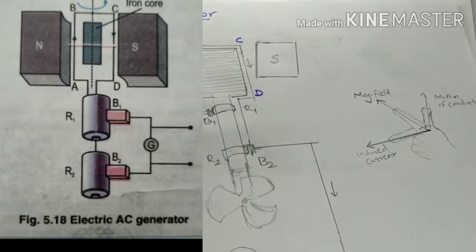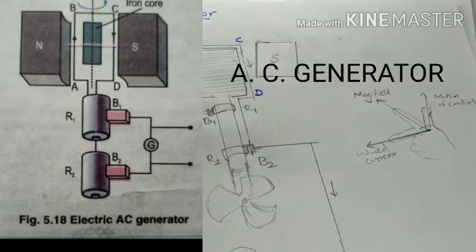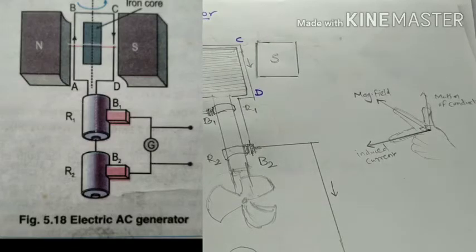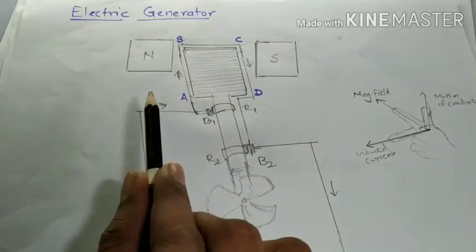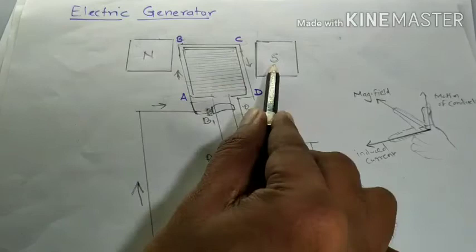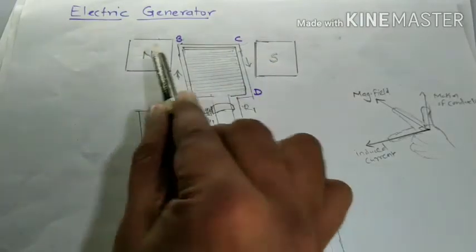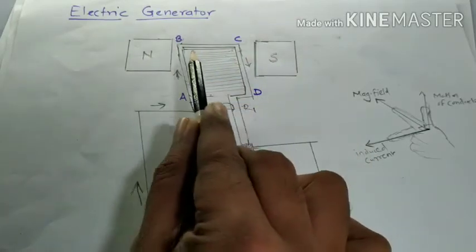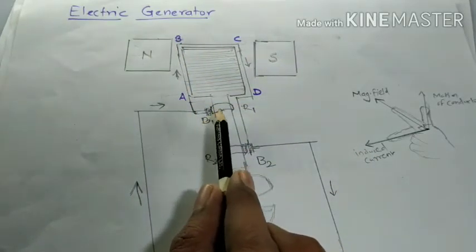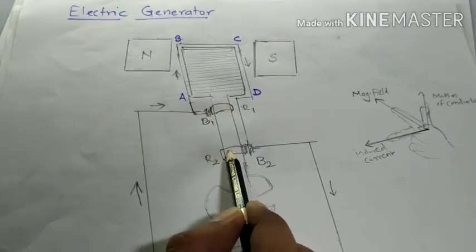This is the figure of the AC generator. In this construction, the main components of the AC generator, as seen in the figure, are the armature coil, strong magnets, north and south, split rings, and brushes.